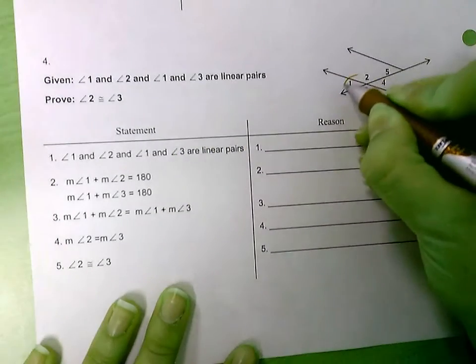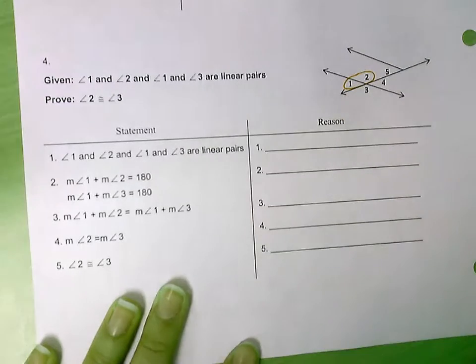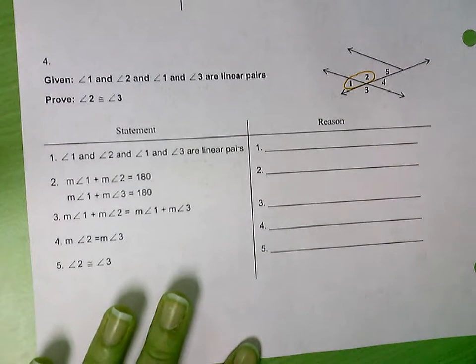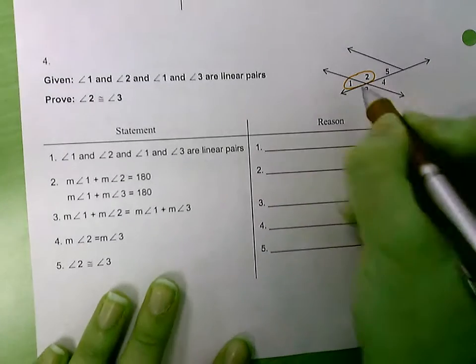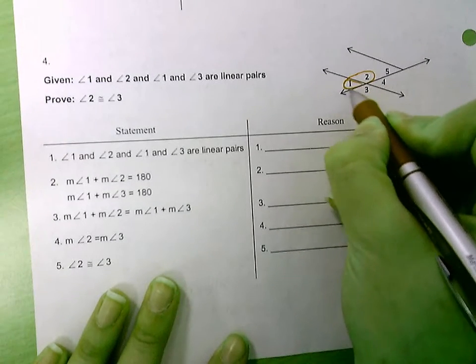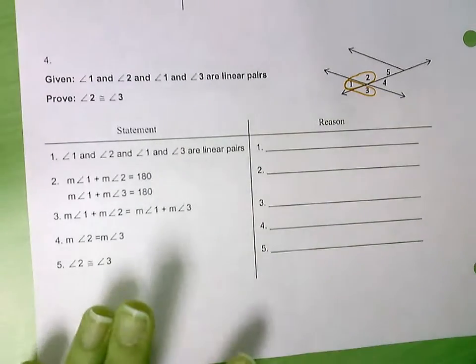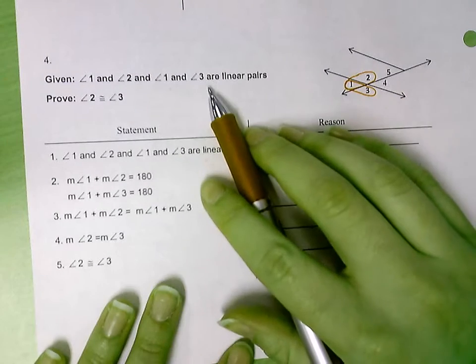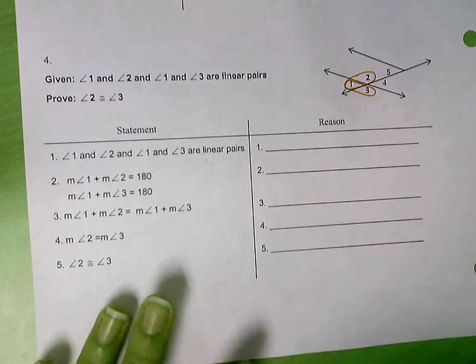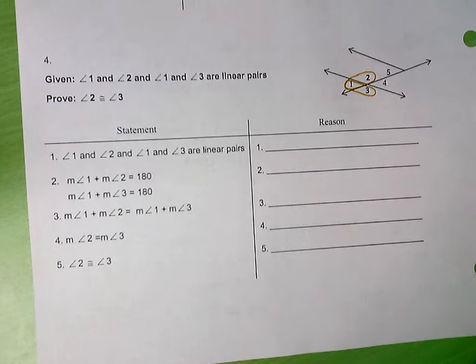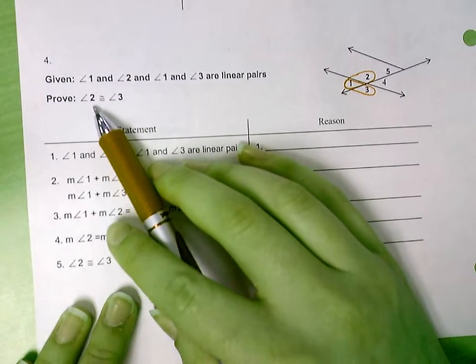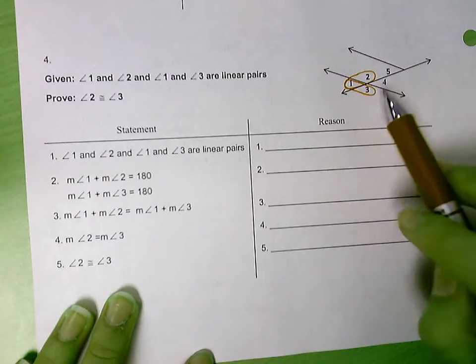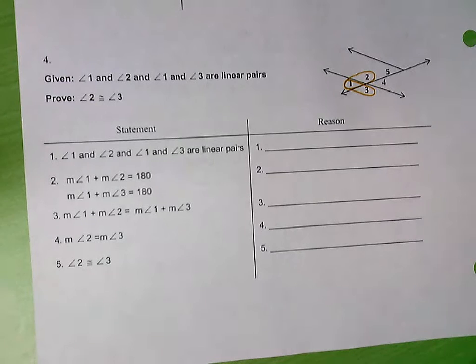So angle 1 and 2 are a linear pair, meaning I can add them together to be 180. And angle 1 and angle 3 are also a linear pair, so I can add those to be 180. Now what I want to do is prove that angle 2 is congruent to angle 3.